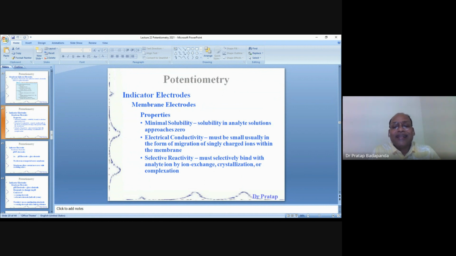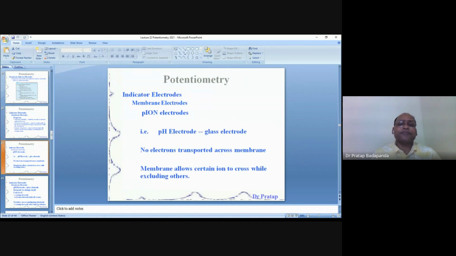Third, selective reactivity: it must selectively bond with analyte ion by ion exchange, crystallization, or complexation. These are the properties of membrane electrodes used as indicator electrodes. Next, indicator electrodes, membrane electrodes.